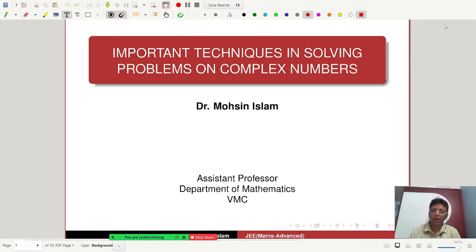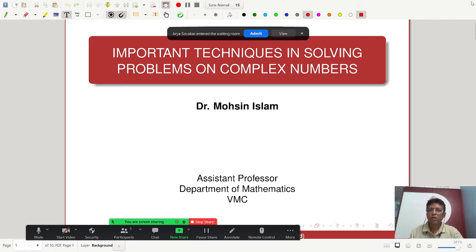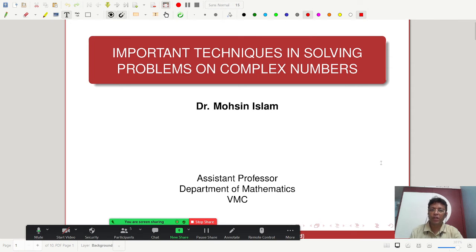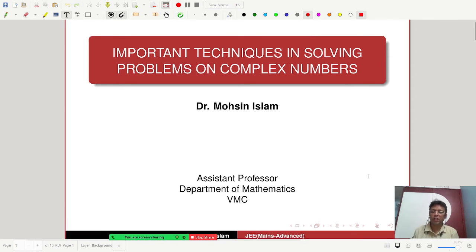Complex numbers include different types of plane geometrical problems, and especially if you are talking about the complex plane, Gaussian plane or Argand plane, you have very vast geometrical concepts needed for solving problems on complex numbers.